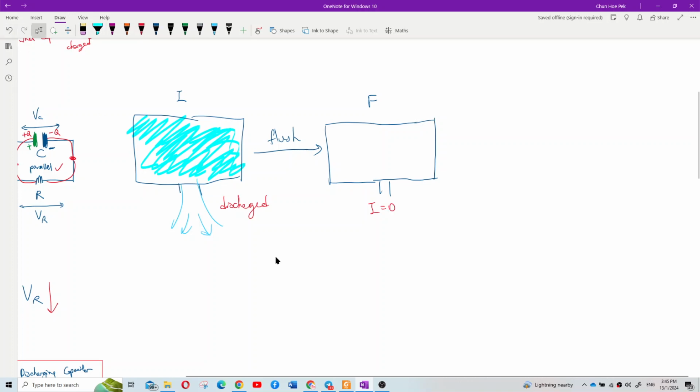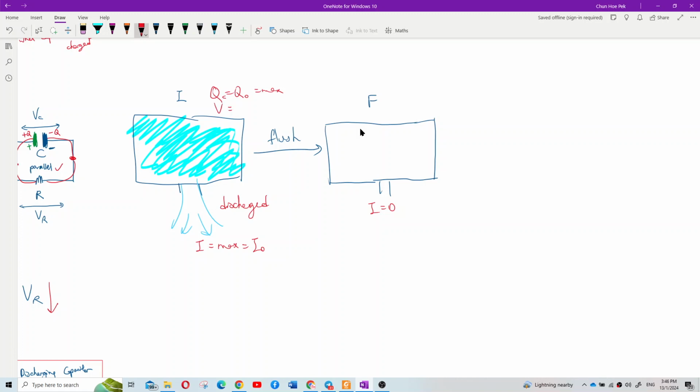But initially current is maximum I0. The moment you flush, I0. When fully discharged, no more current. Ya, boleh letak beginilah. Initially charge-nya Q0 iaitu maximum.